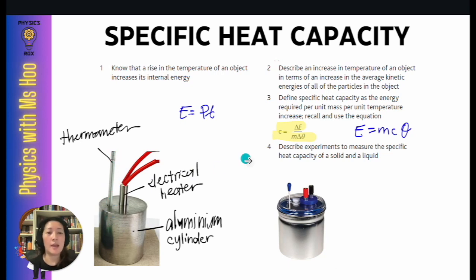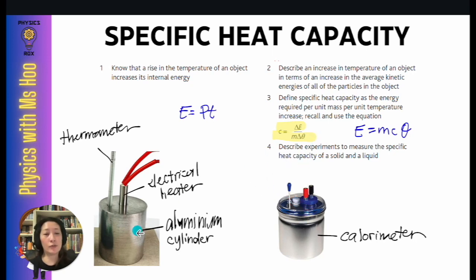So if we wanted to measure the specific heat capacity of a liquid, we could use water that we place inside this kind of apparatus, which is known as a calorimeter. There is a container inside where we'll put water. This is the heater, which will be heating up the water, and there is a hole here where you can put the thermometer.